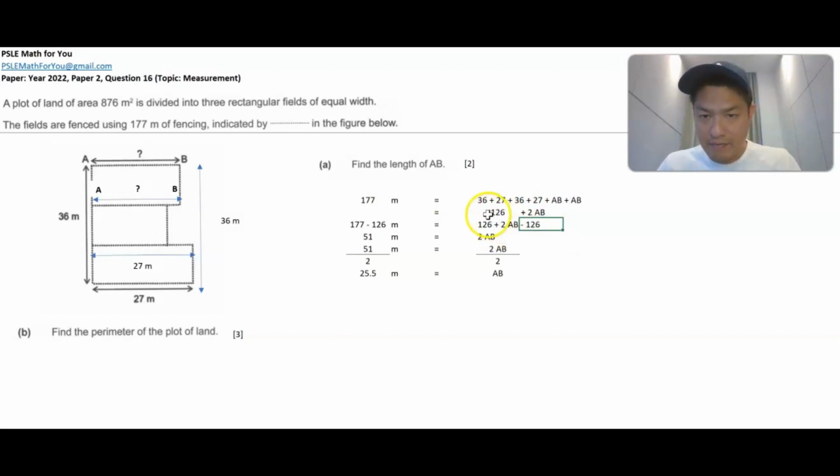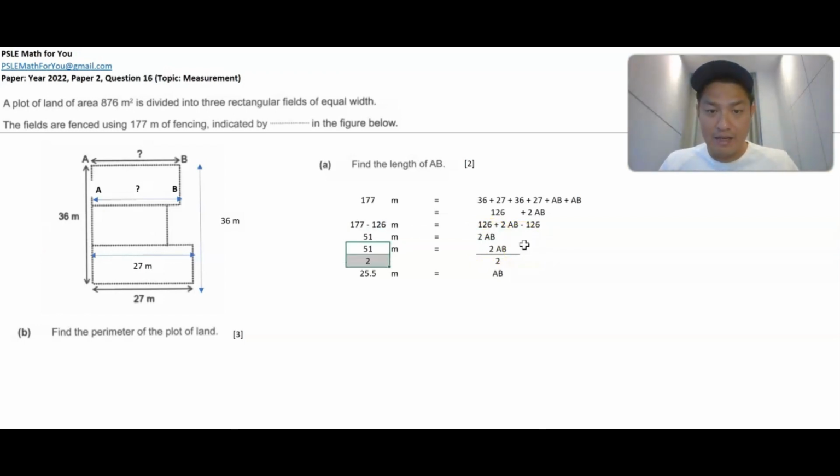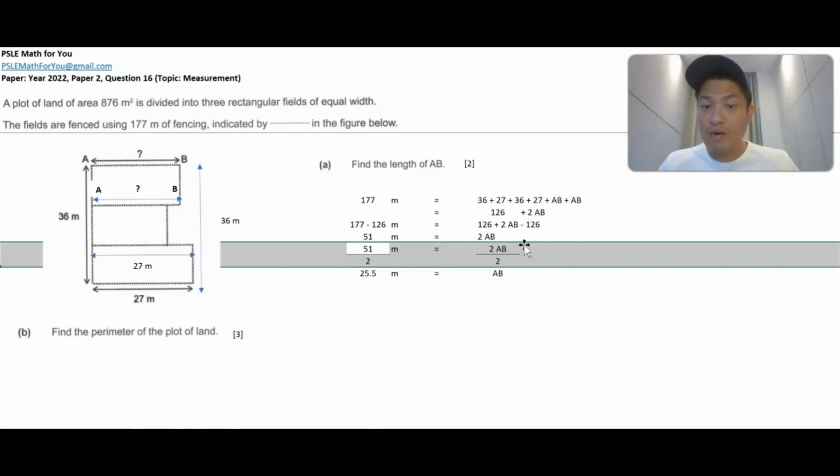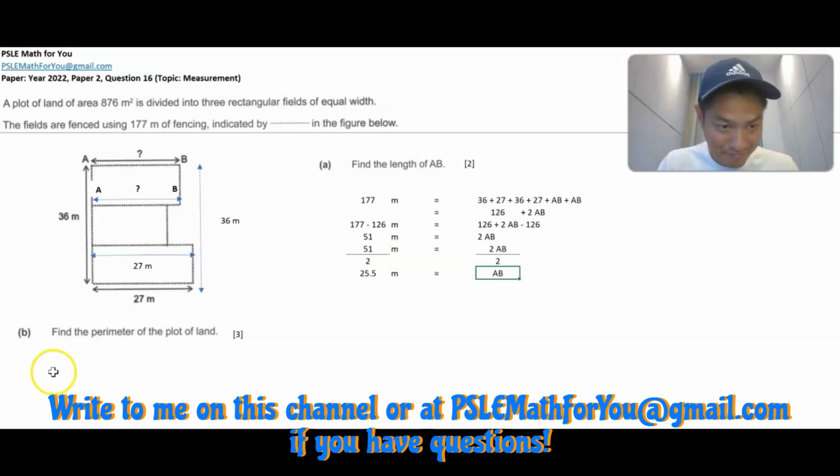Once I remove 126 from both sides of the equation, it gives me 51 equals 2 times AB. Then if I divide both sides by 2, I get AB equals 25.5. So that's your answer. If you have a question, let me know if you're confused. All right, let's see what we have next.